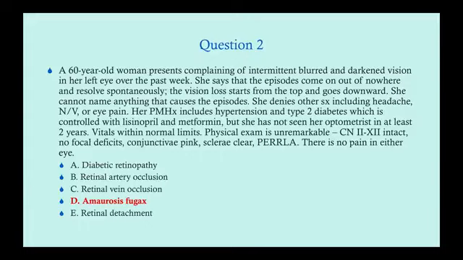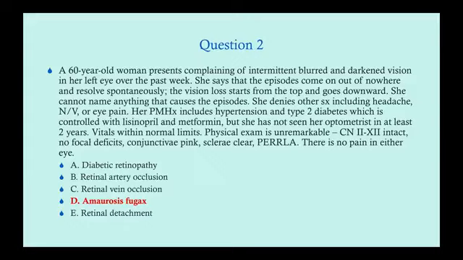Really, the more appropriate diagnosis would be that she's probably got bad arteries, some issues with atherosclerosis. But amaurosis fugax does come up on the test. They do want you to know about this entity, so that's why I brought it up here, so that we could drive home this topic.